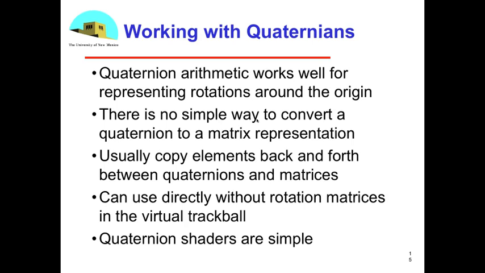So generally what people do when they use quaternions is they take the matrix form that we've been using with the Euler angles, and they copy the sines and the cosines into the proper places to get a quaternion. Then they manipulate with the quaternions to do their rotations, and then they copy the elements back into the standard matrix form. And generally, that's the best you can do.